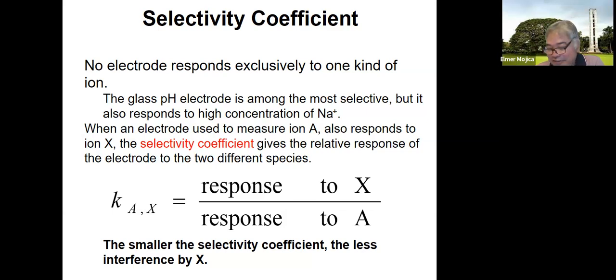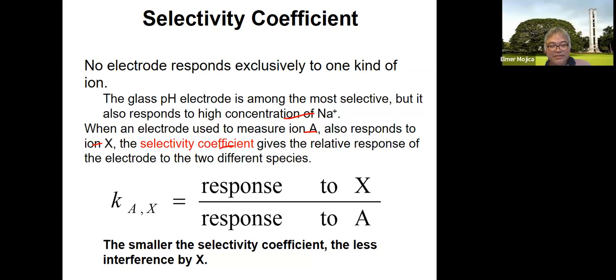Although they said the glass pH electrode is among the most selective, it still responds to high concentrations of Na+. And when an electrode used to measure ion A also responds to ion X, then the selectivity coefficient gives the relative response of the electrode to the two different species.